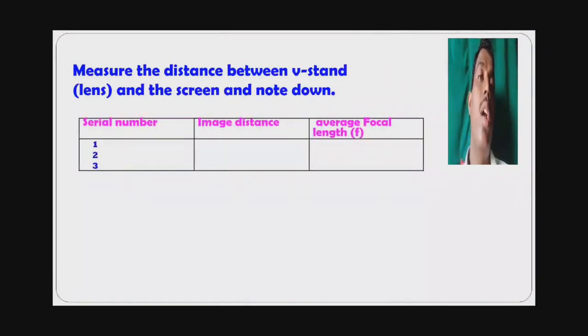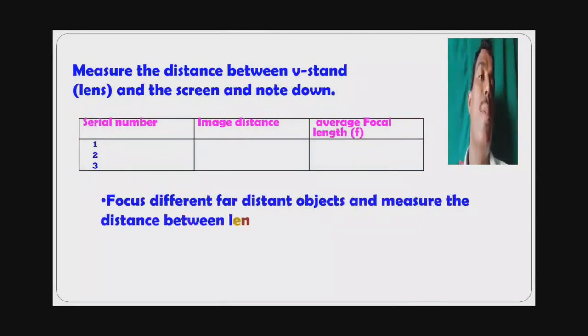Conduct this experiment two or three times to take the average focal length value. Image distance is equal to the focal length when the image is formed very close to the focus. Focus different far distant objects and measure the distance between lens and screen each time.